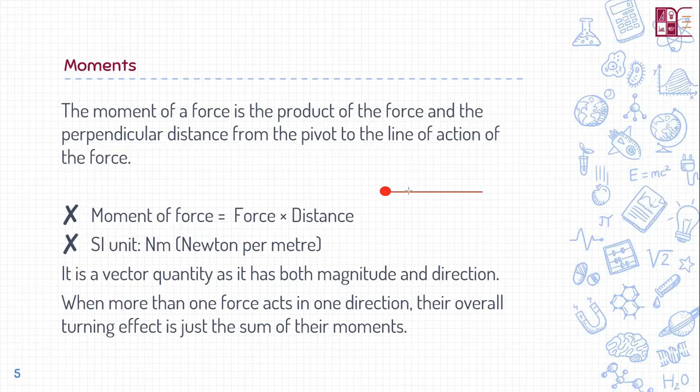Let's say this red dot here is the hinge, and that's a door, or if the red dot is a pivot, then the red line is the beam. Now, force is moving upwards, and will move this in this direction. So the type of movement is anti-clockwise.